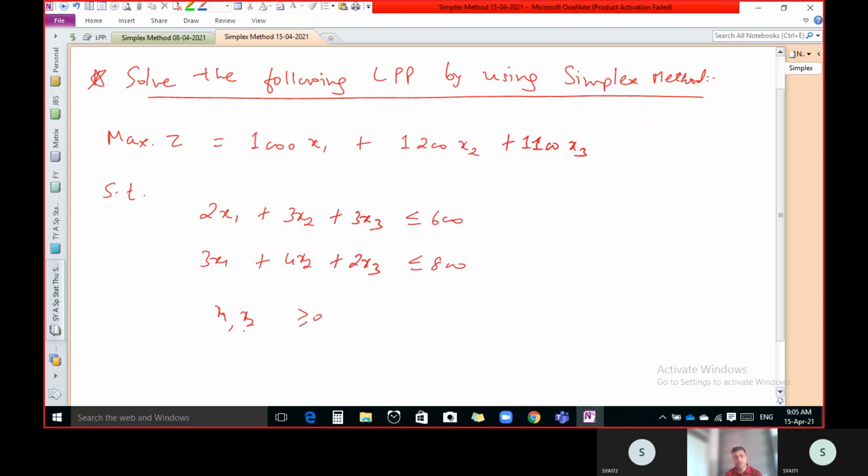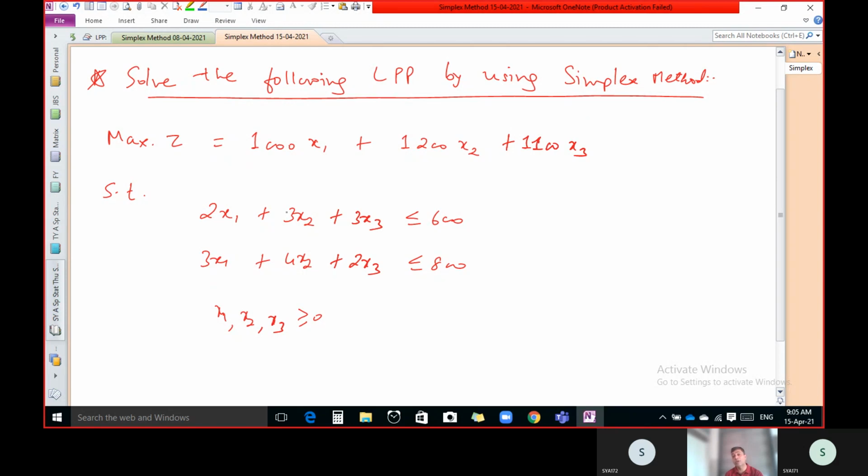Let us assume we have this problem. 2x1 plus 3x2 plus 3x3 less than or equal to 600, and second constraint is 3x1 plus 4x2 plus 2x3 less than or equal to 800, x1, x2, x3 greater than or equal to 0. So this is the problem.